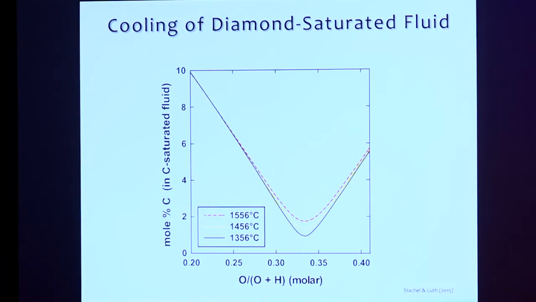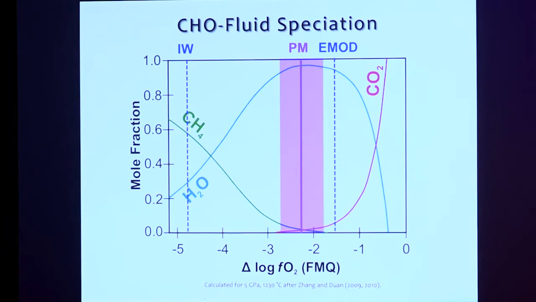How can that now suddenly work? Before we said we need redox reactions to precipitate diamond, and now the fluid does it all by itself. Seems somewhat strange, but how it works can be understood if we look at the speciation of fluids. So here we have the mole fractions of the various fluid components, and again our oxygen fugacity.